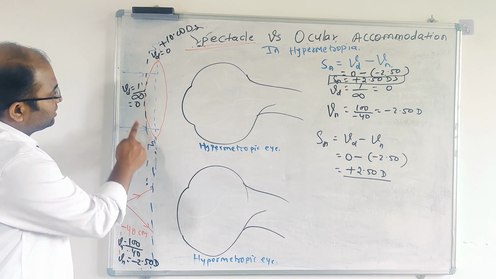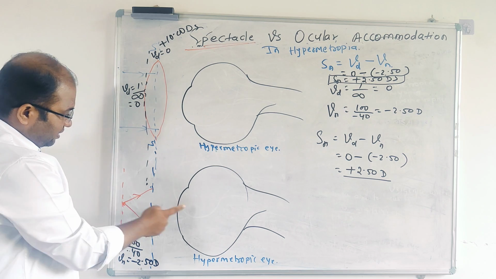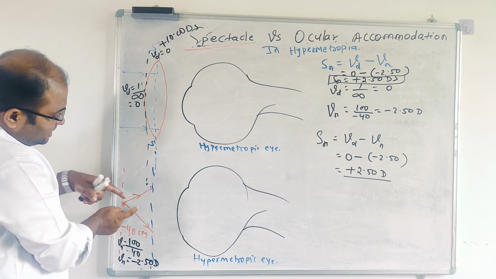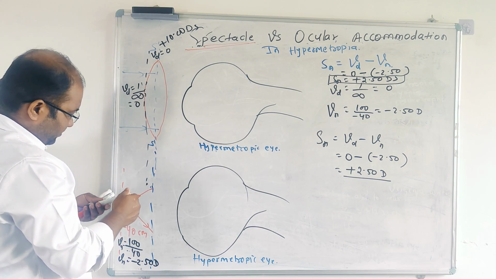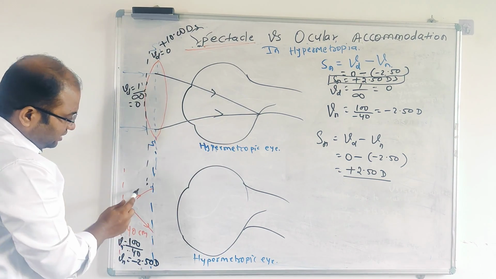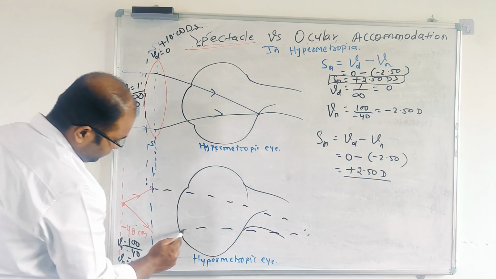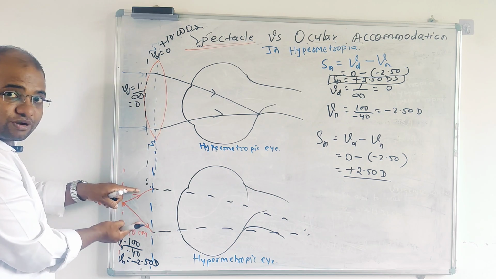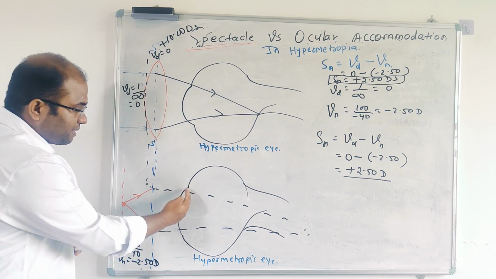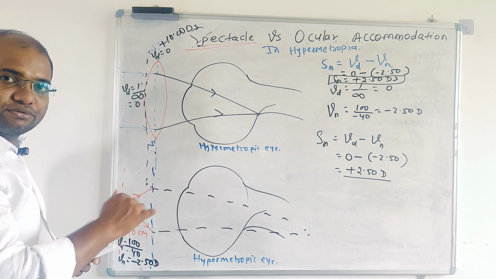When the eye is focused for distance, distance light is conjugate with the retina, but when this hypermetropic eye is focused for near at 40 centimeter, because of this divergence, if the distance light is focusing on the retina, the light will get more divergent because of this minus 2.5 divergence. So to nullify this minus 2.5, there should be some mechanism, and light should be brought back to the retina, right?